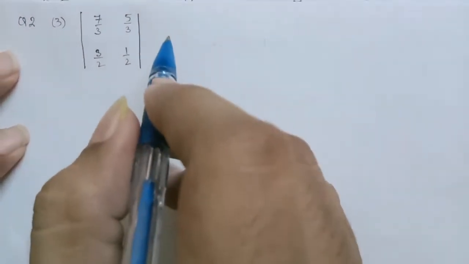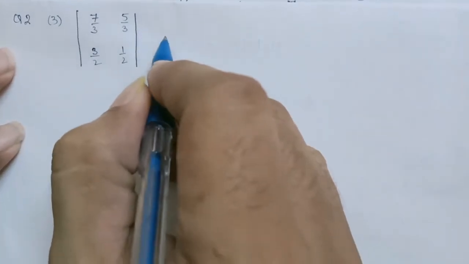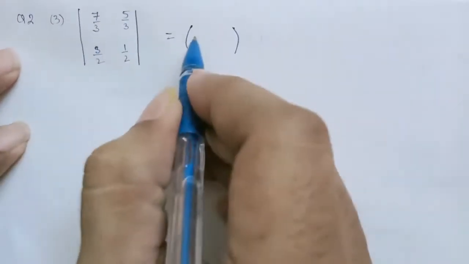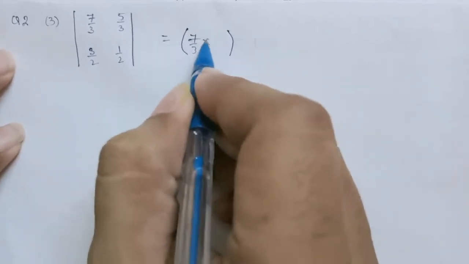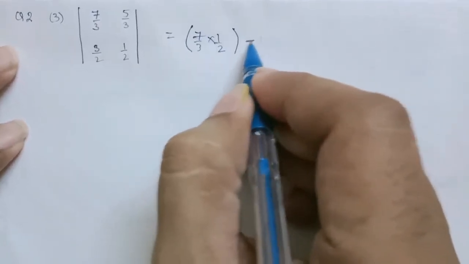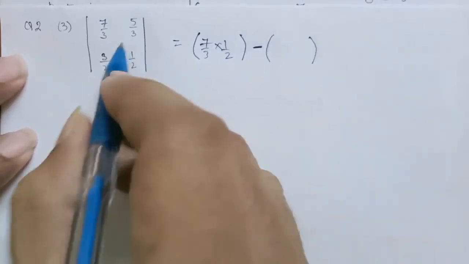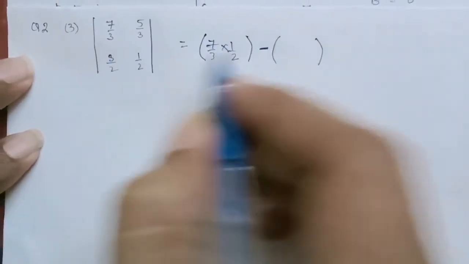The same way, same procedure. In first bracket we are going to multiply 7 upon 3 into 1 upon 2. Subtract is very important, this is from the formula, and the second bracket 5 upon 3 into 3 upon 2.